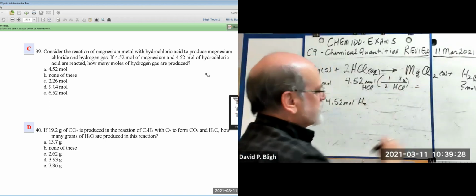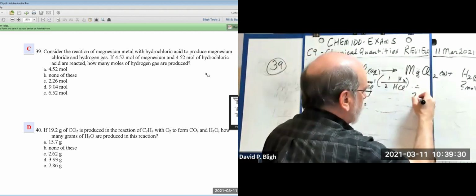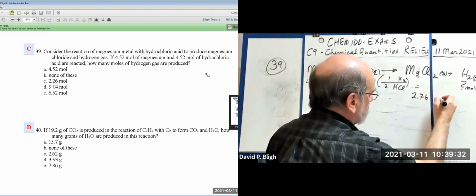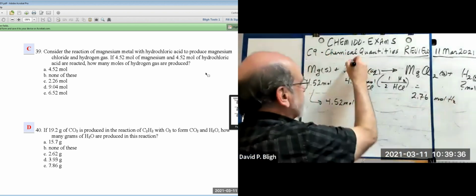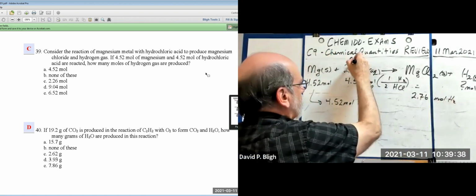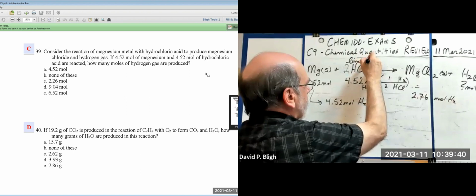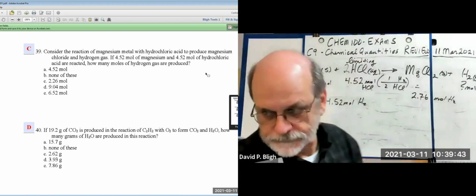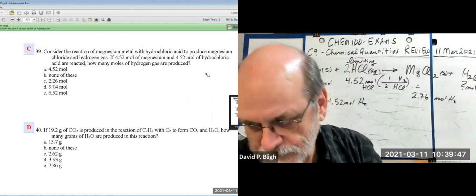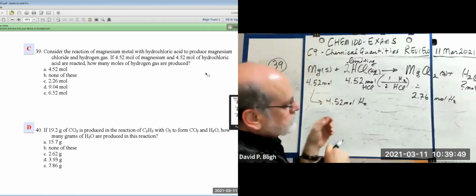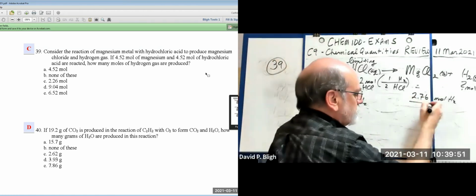So it would be 2.76. 2.76 moles of hydrogen gas. That's the limiting one. So there's your answer.